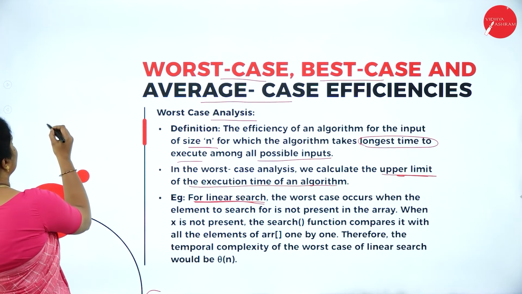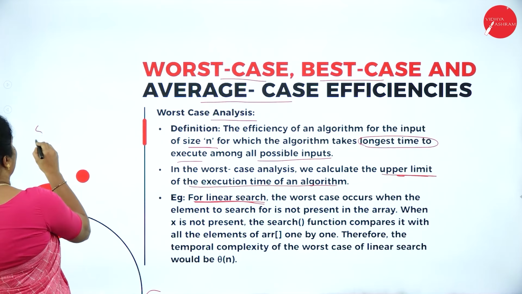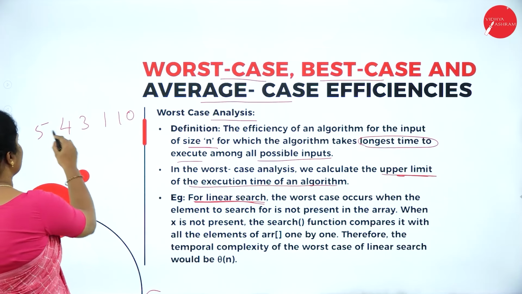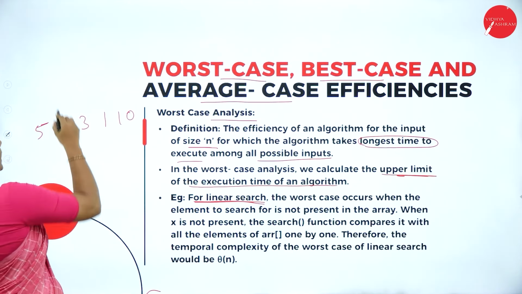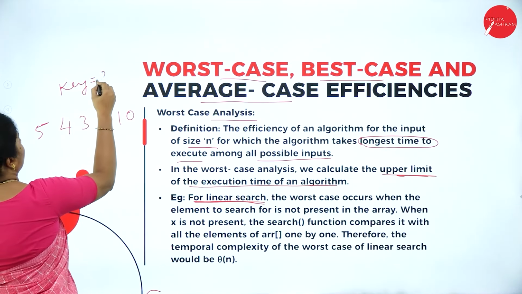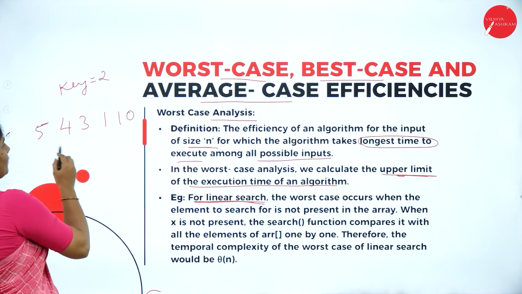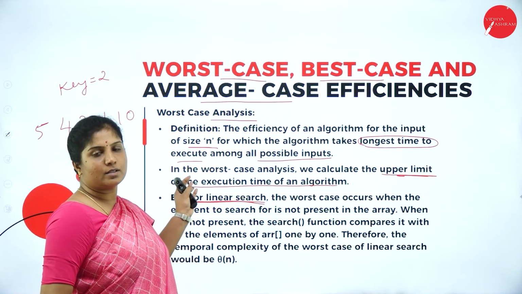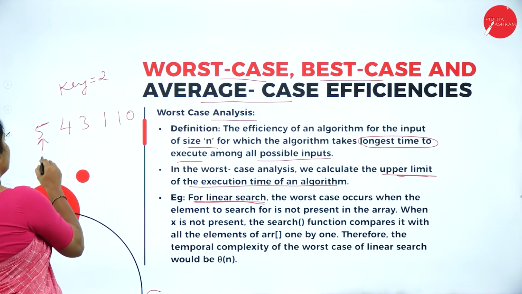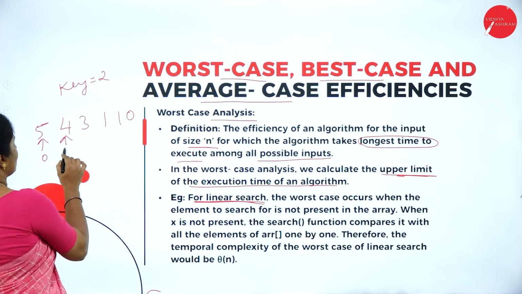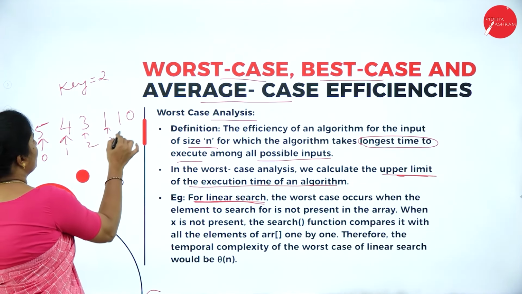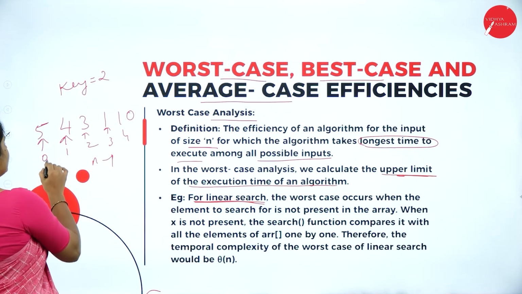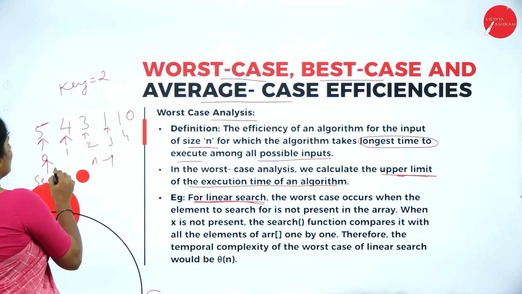See, if I have 5 numbers in an array, say 5, 4, 3, 1 and 10, and my key element to search is 2. I know that 2 is not present, but the machine doesn't know, isn't it? So it checks from the first number. Its index starts from 0, 1, 2, 3, 4, that is n minus 1. The search begins one by one.